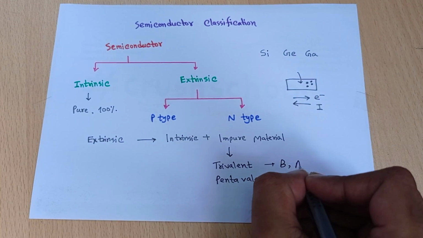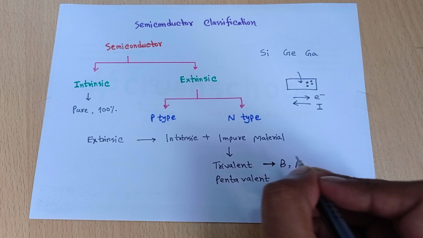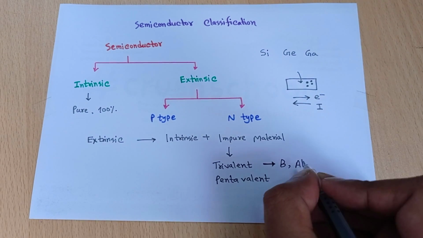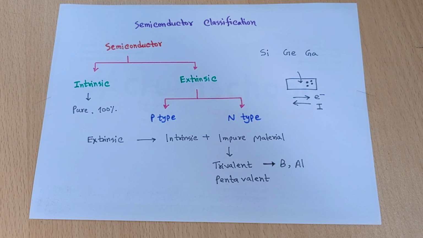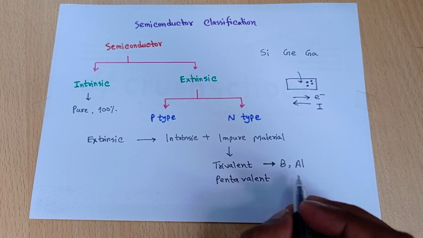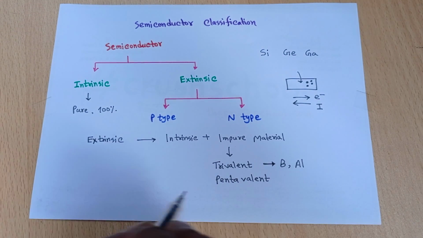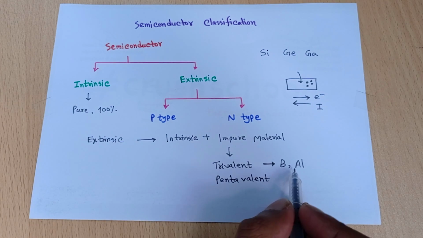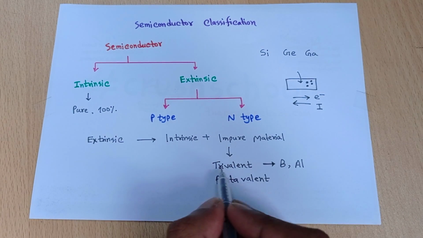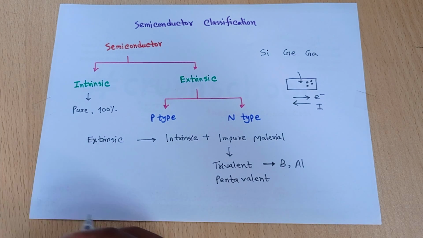Boron and aluminum are trivalent atoms, because boron has only 3 electrons at its outer shell, and aluminum also has only 3 electrons at its outer shell or outer orbit. That's why they are called the impure material as well as the trivalent material or trivalent atom.